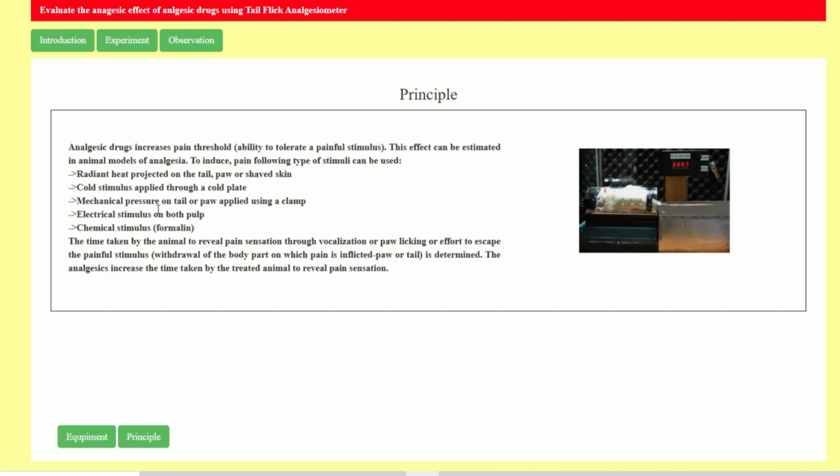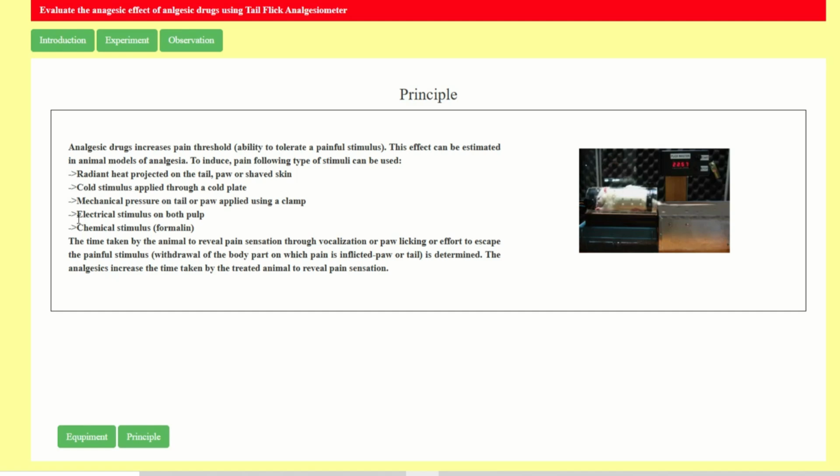And mechanical pressure on the tail or paw applied using a clamp. Sometimes we apply an iron clip on the tail. After a little time it will start shaking its tail. In such a situation, we record the time duration, how much time it takes to flick the tail.